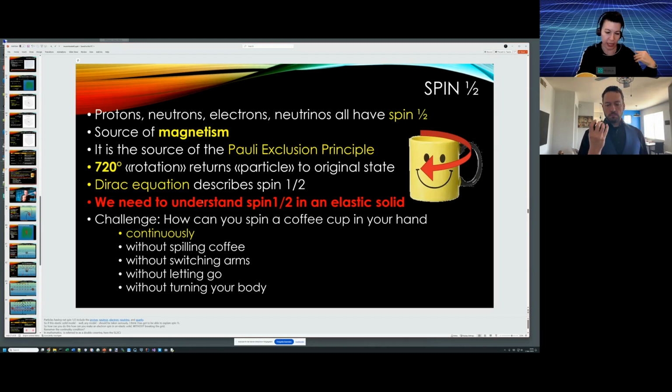We can't break the elastic solid, meaning we can't just switch hands, or we don't want to break our arm. The whole elastic solid stays continuous. We can't let go because it's stuck in there. We can't turn our body either. So how can you do this while at the same time getting back to the same place after 2 rounds? Just think about it for a moment. Do you know?